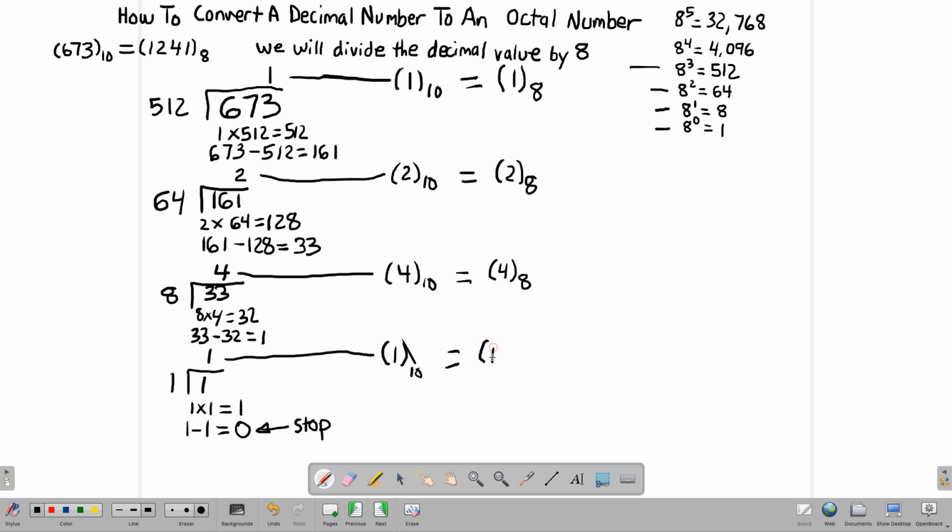And the value 1 in decimal is also the value 1 in octal. So what this shows is that the value 673 in the decimal system is equivalent to the value 1241 in octal. And this is what we wanted to show.